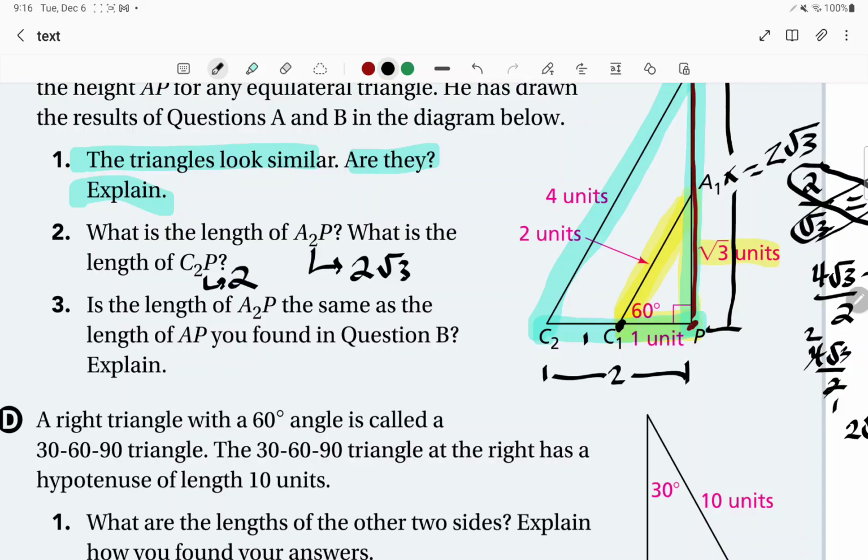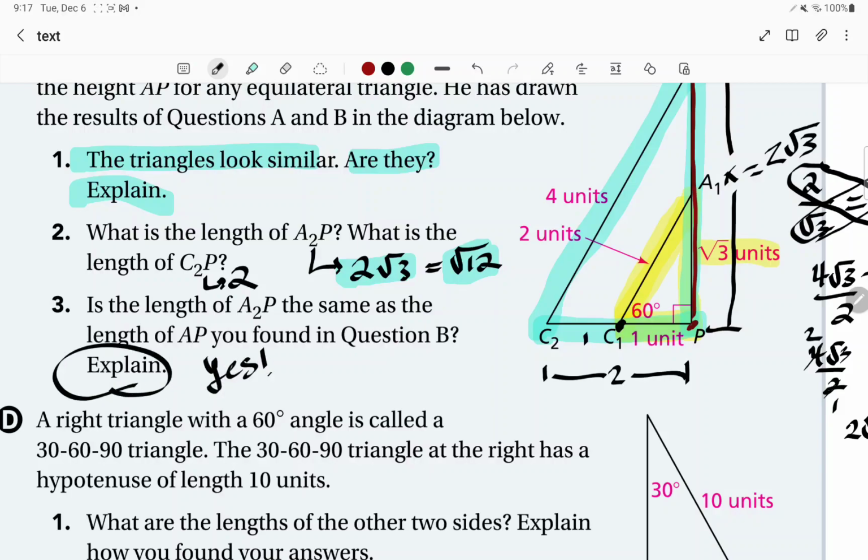Okay, so now the last question asks, is this the same? Because we found that also to be the square root of 12. The last question on part C says, are these the same? Well, they look very different. When we plug them into our calculator, you get the exact same answer. So yes, they are the same.